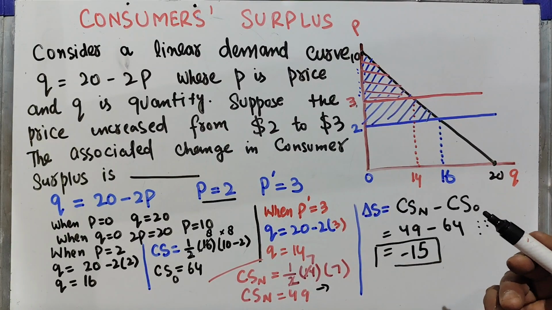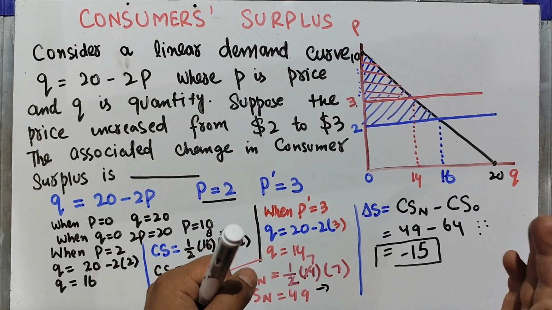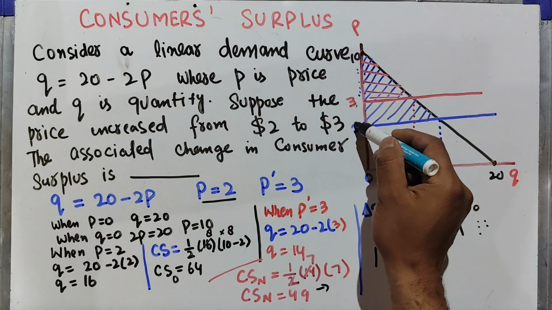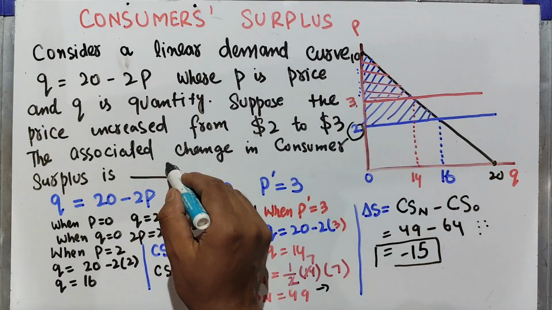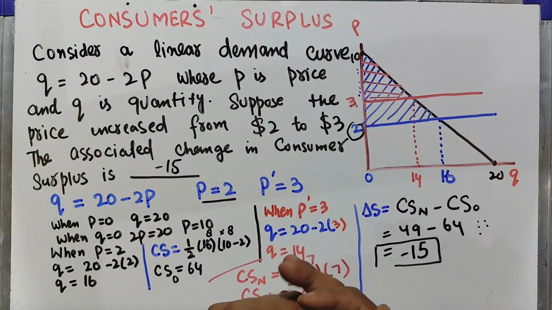So the surplus for the consumer has decreased by 15 units when the price is increased from 2 to 3. So here it should be equal to minus 15. I hope I make myself clear in this video and you find this video helpful. Thank you.